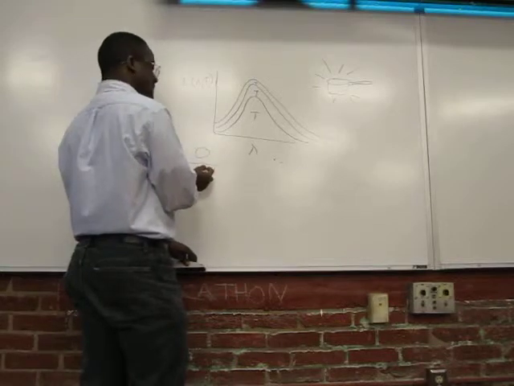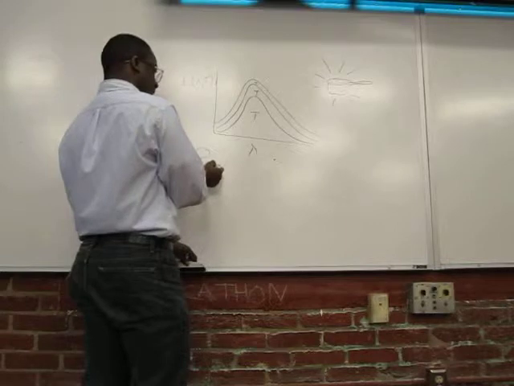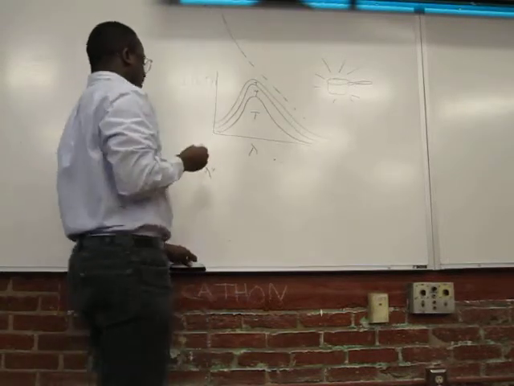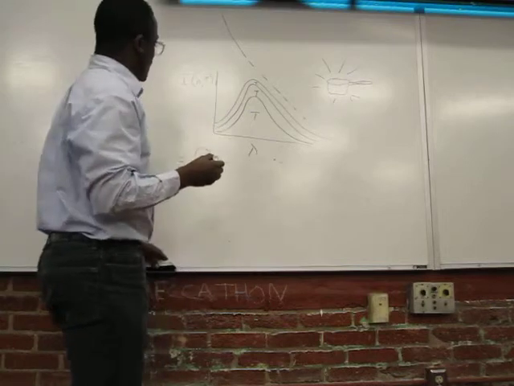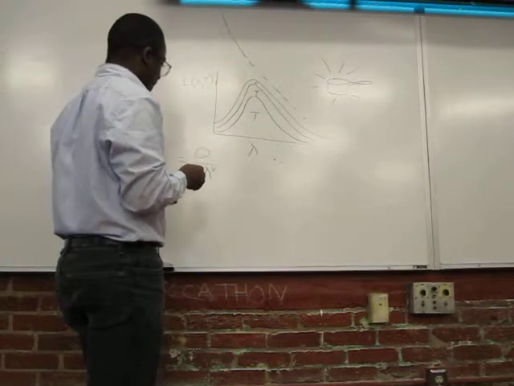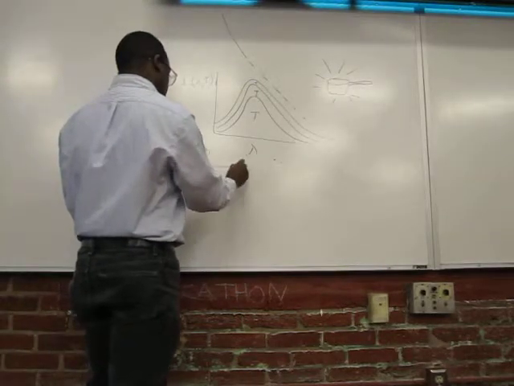But see, this blows up at 0, at very, very short wavelengths or very, very high energy, this goes up to infinity. So what Max Planck did was say that the energies have to be discretized, and he came up with another formula that involved, let's see, what was it?